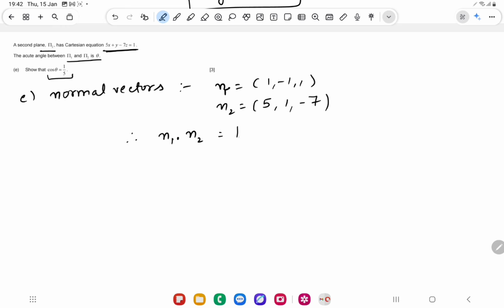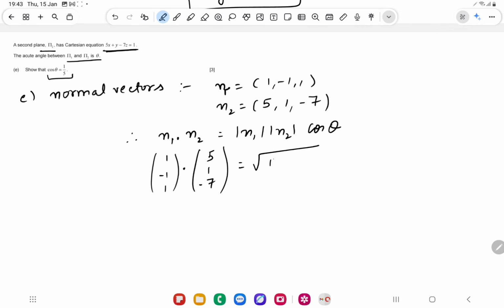n1 dot n2 is equal to modulus n1 modulus n2 cos theta, and my n1 is 1, minus 1, 1. I can do the dot product over here with 5, 1 and minus 7, over root of 1 square plus minus 1 square plus 1 square, and n2 is root of 5 square plus 1 square plus minus 7 square, cos theta.